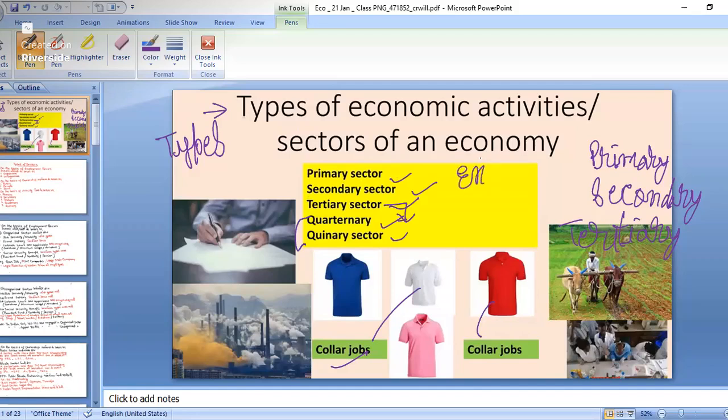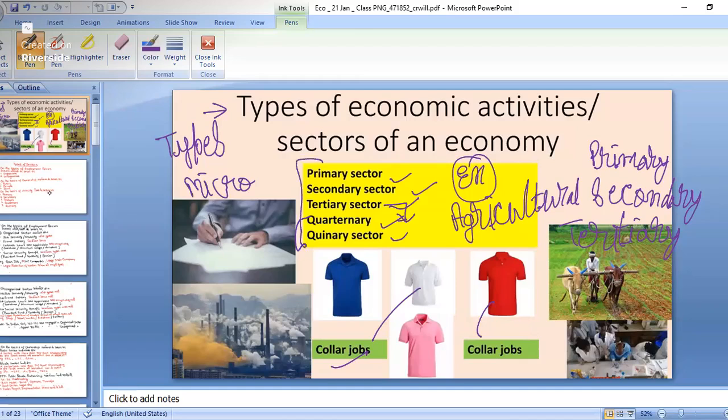They'll give some examples, like agricultural activities, and ask which sector this is. Or they'll give services, like Microsoft engineering, and ask which sector that service belongs to. So we must know how to differentiate between all these five sectors.